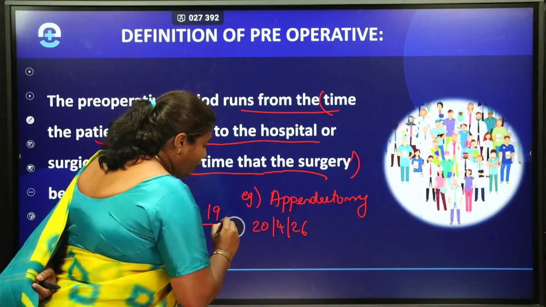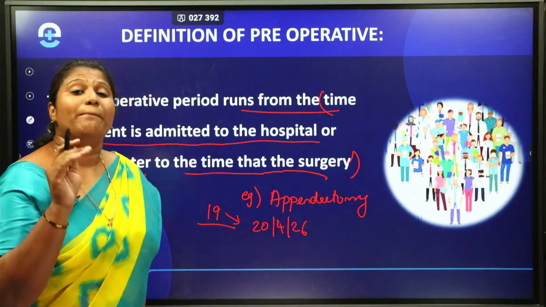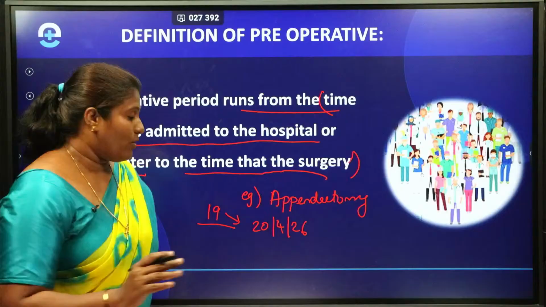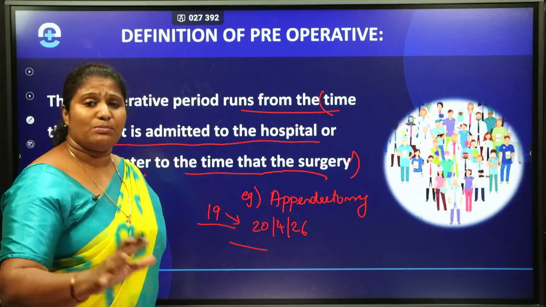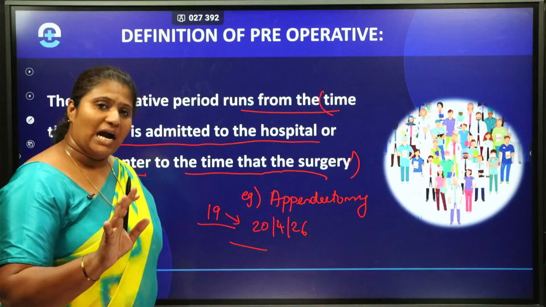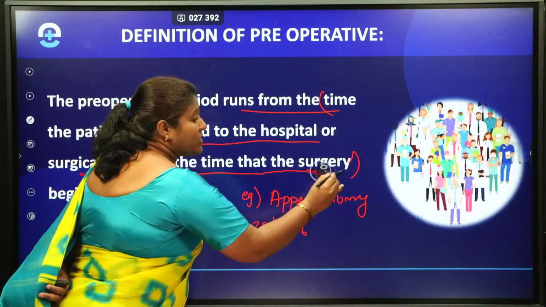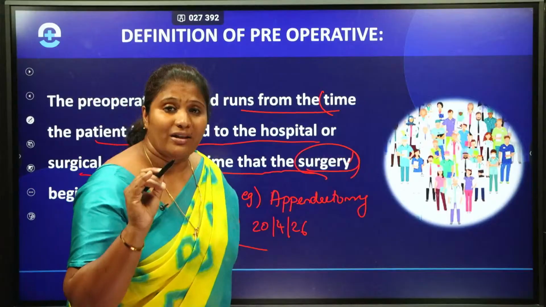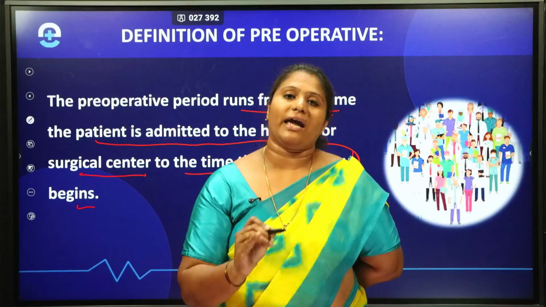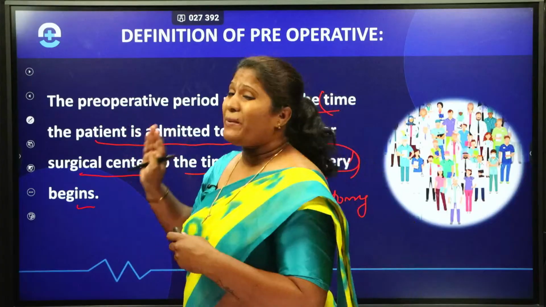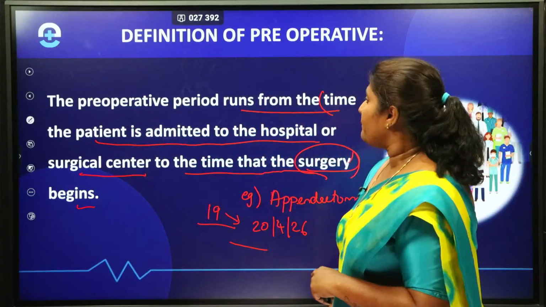So before that we need to start with the preoperative assessment, with all the assessment formats, everything. Then until the patient reaches the operation theater, the nurse should be with the patient and take care of the patient. That is called preoperative nursing care.